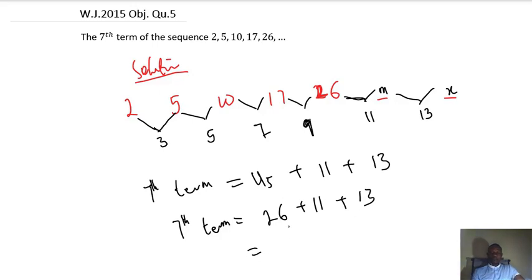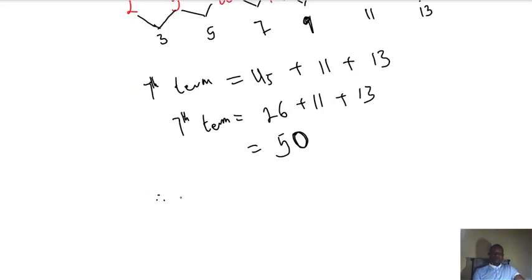When we sum all these, 26 plus 11 will give us 37, and 37 plus 13 will give us 50. Therefore, the seventh term will be 50.